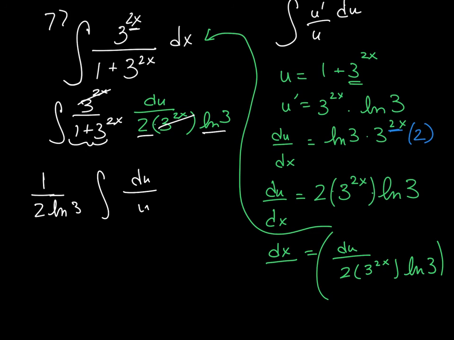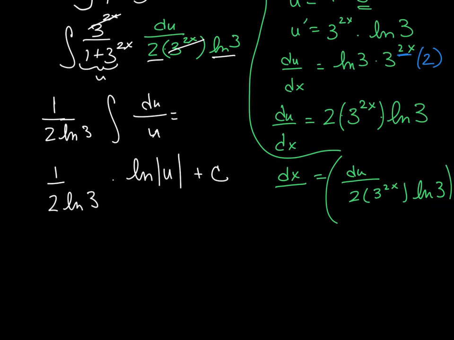And again, that is what we let equal u, which just equals 1 over 2 natural log of 3 times the natural log of the absolute value of u plus my constant. And to substitute u back in, I just get 1 over 2 natural log of 3 times the natural log of the absolute value of 1 plus 3 to the 2x plus my constant.